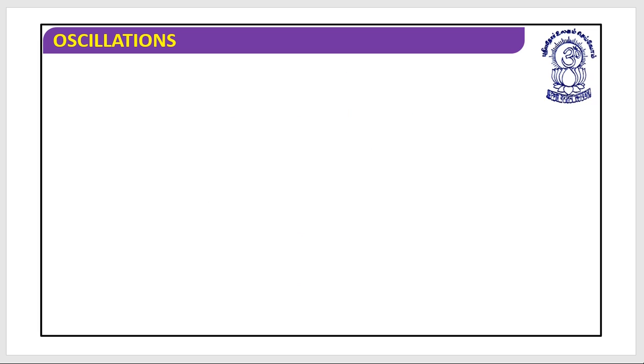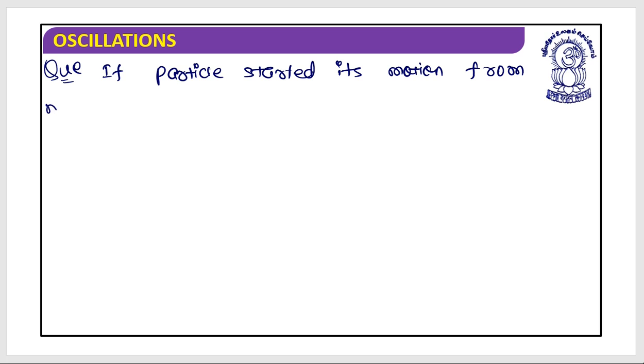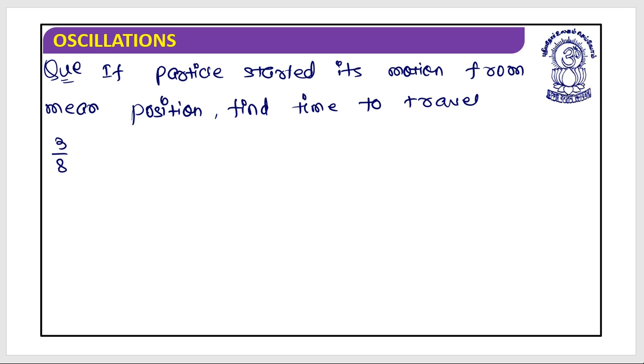So let's suppose I have been asked that if a particle started its motion from the mean position, find the time to travel 3 by 8th of a complete oscillation.